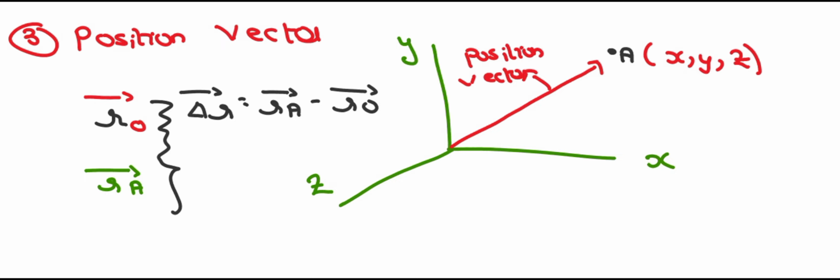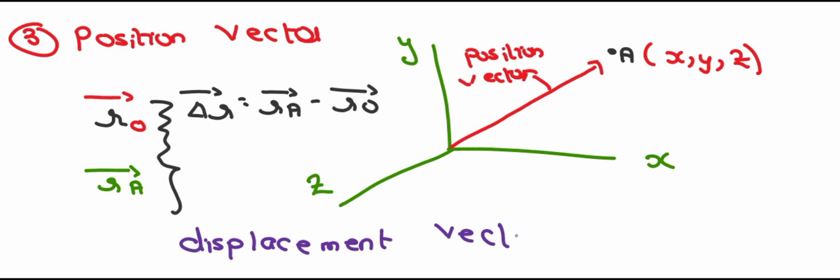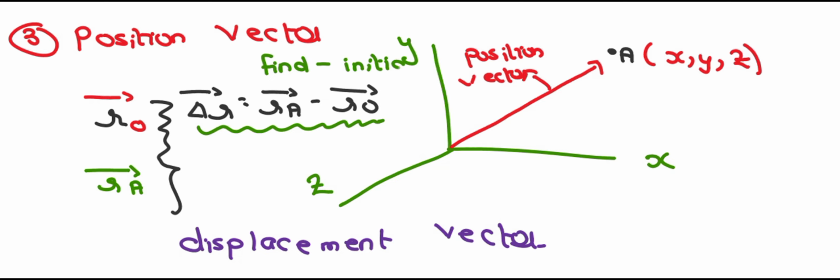Sometimes we call the position vector the displacement vector, because the displacement and the position vector both lie in a straight line. That's why delta R, which is equal to RA minus RO, is nothing but the final point minus the initial point.